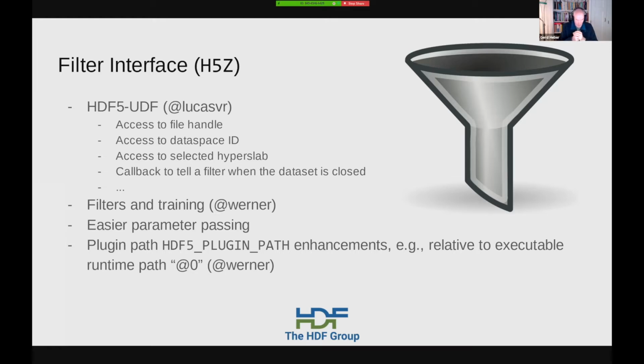Then I think Werner commented that, in the context of compression, there is a new generation of filters that involve some training, and that leads straight into passing parameters to a filter, a dictionary or something like that. That's a whole other topic of questions.